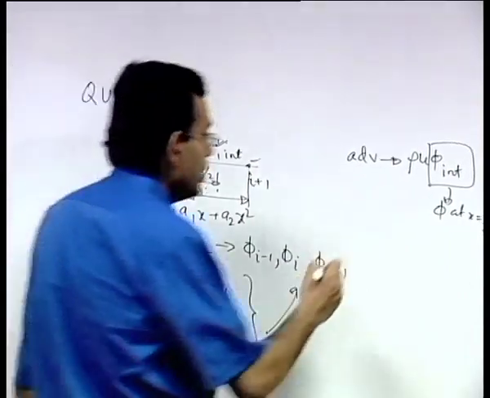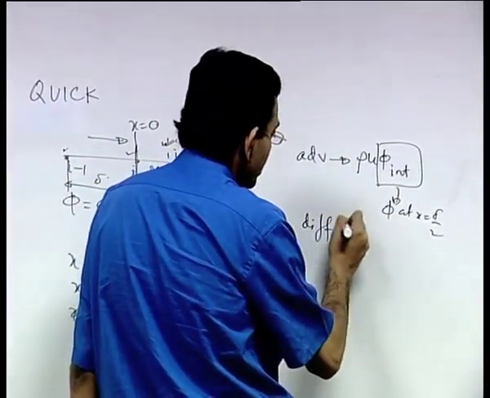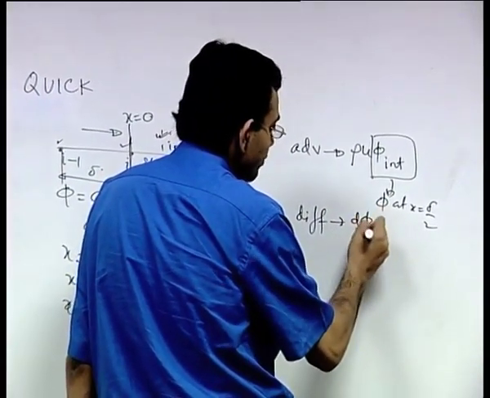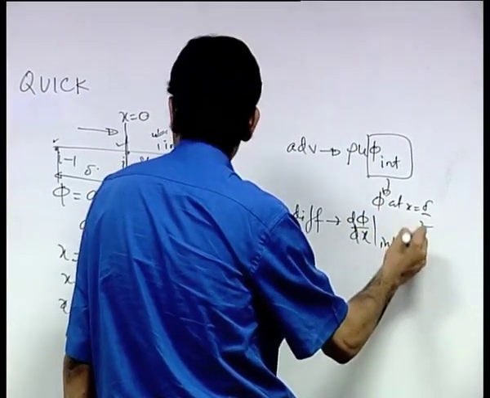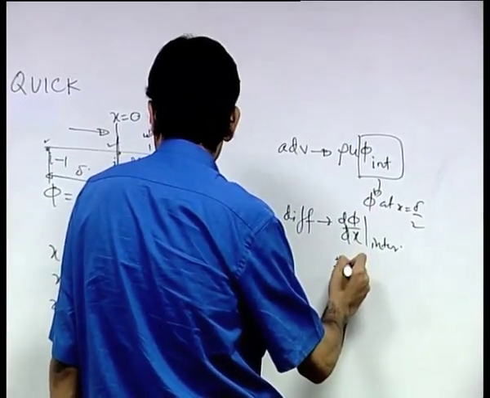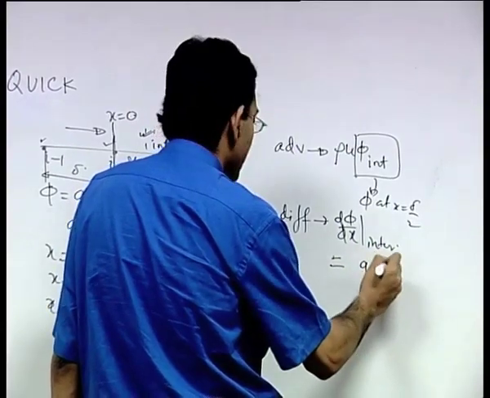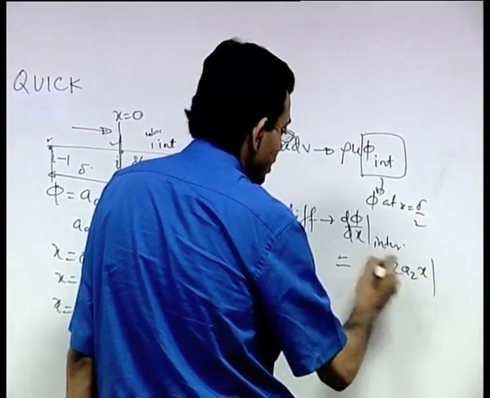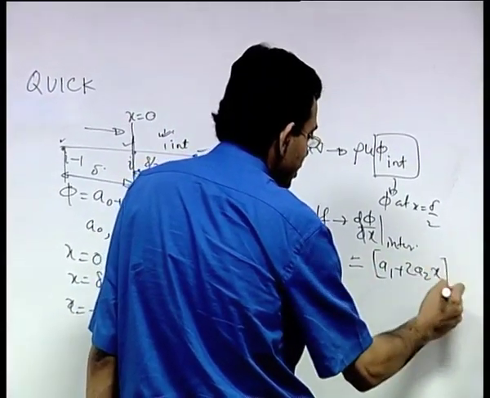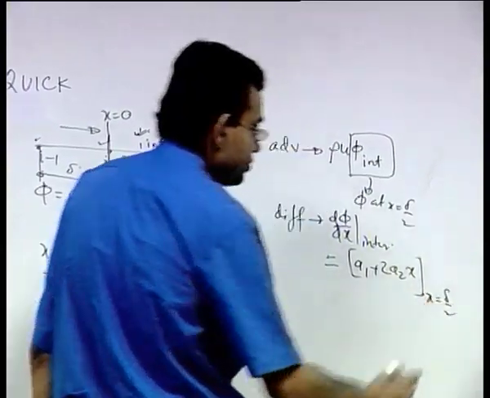What is for the diffusion term? You require d phi dx at the interface. So what is d phi dx? d phi dx is a1 plus 2 a2x at x equal to delta by 2.